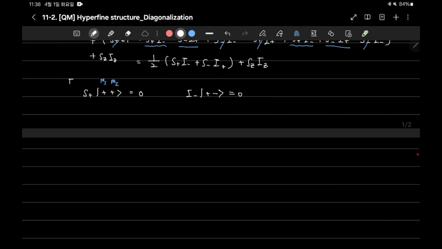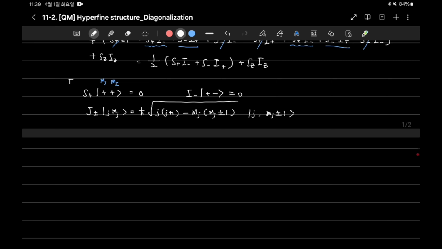Then from the angular momentum law, we already know that j plus minus on j mj gives h bar times the square root of j plus 1 minus mj plus minus 1, j and mj plus minus 1, and it increases or decreases only the magnetic angular momentum.